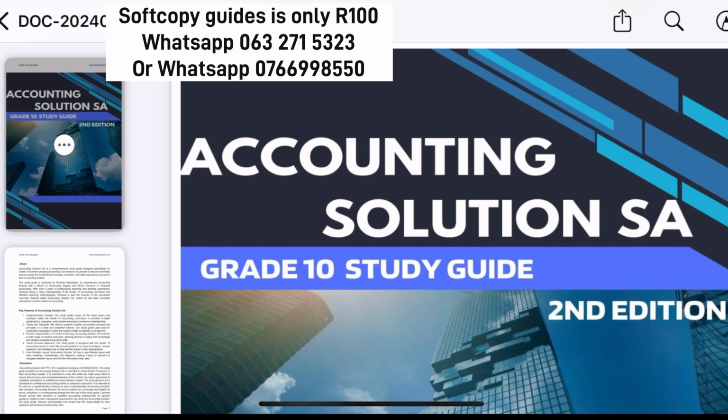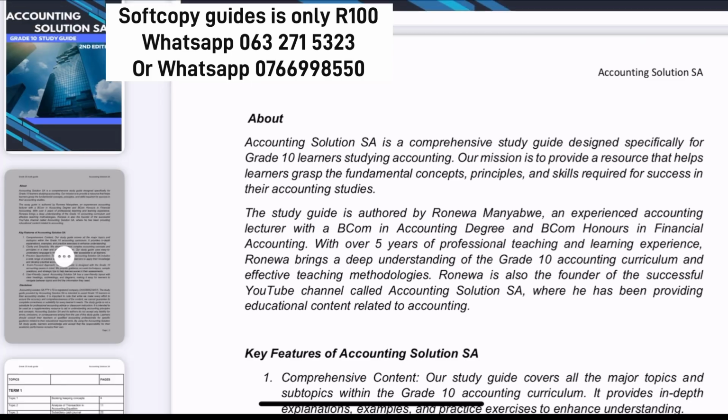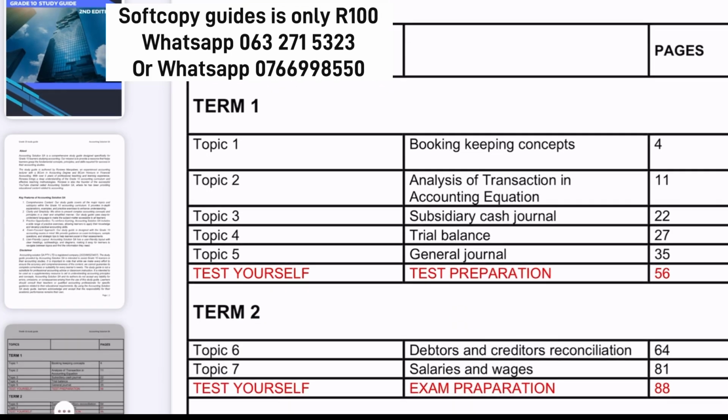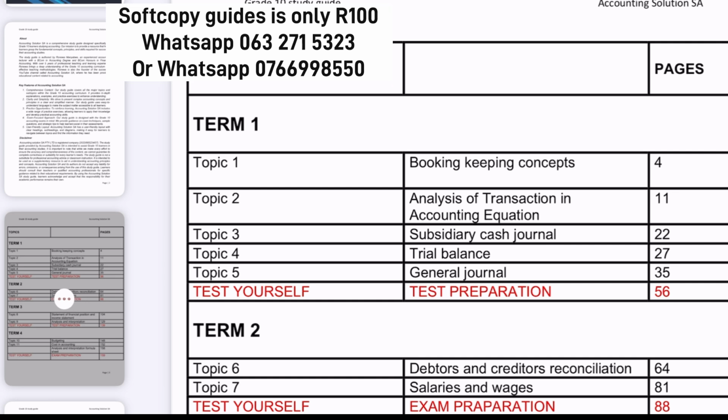Okay, so let's start. This is the second page, and after that we're going to go to another important one, which is called the table of content. Under the table of content you can see we have the topics for term 1.